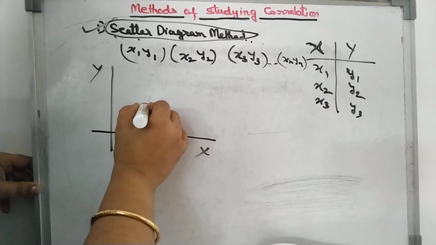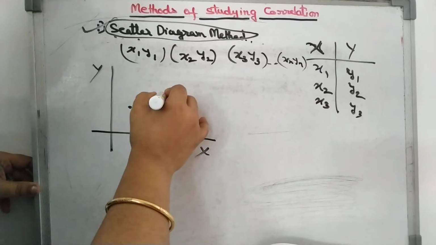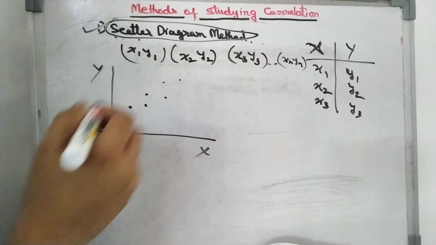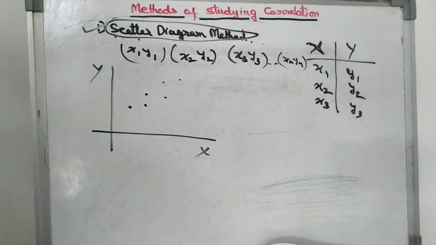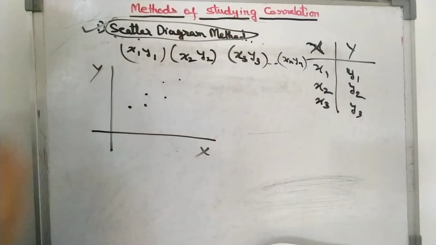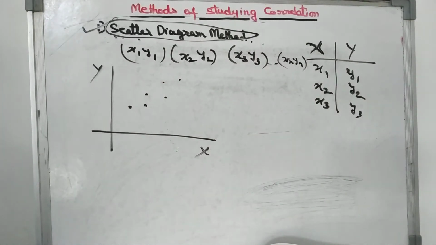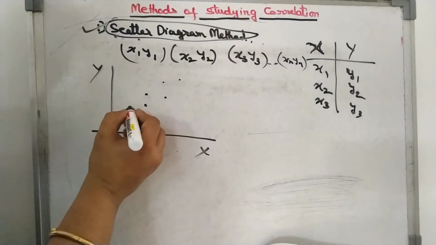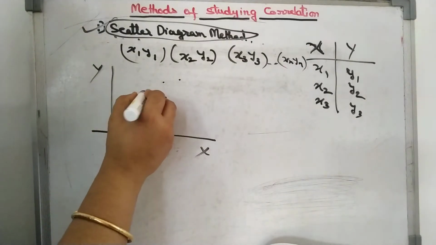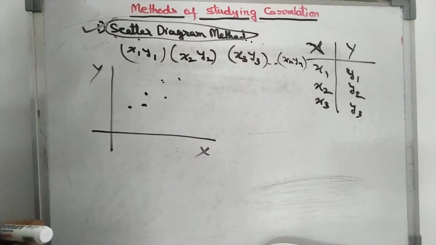This diagram is called a scatter diagram because the coordinates are scattered everywhere, shown by dots. So it is called scatter diagram method.